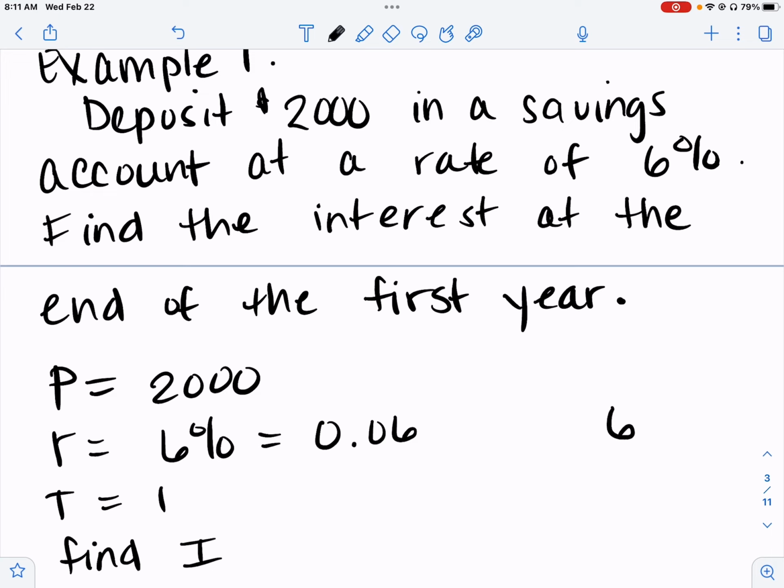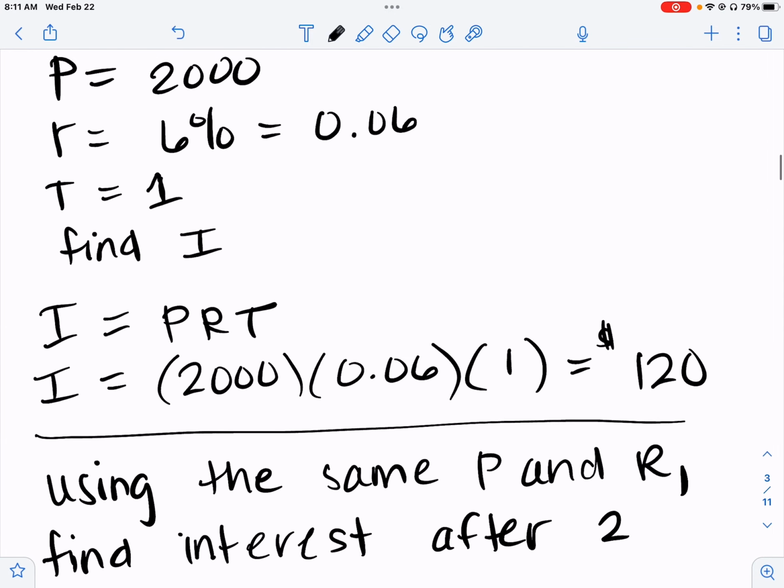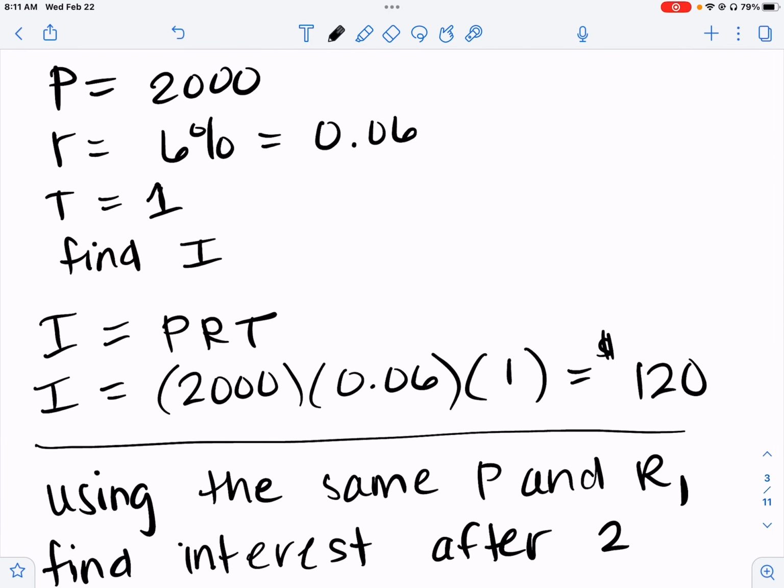Remember, the decimal is assumed at the end, so we go 1, 2 places. T is 1 because it said the first year. Find I. So we're going to multiply P times R times T, and that will give us the interest.